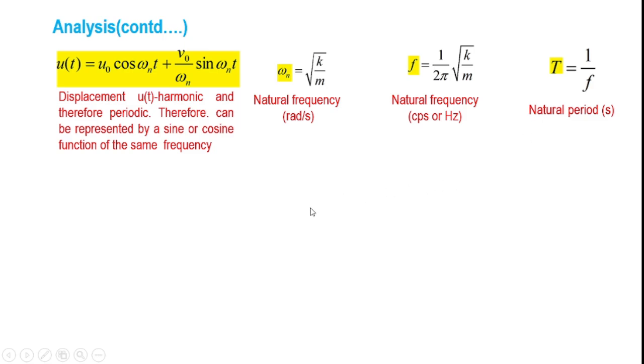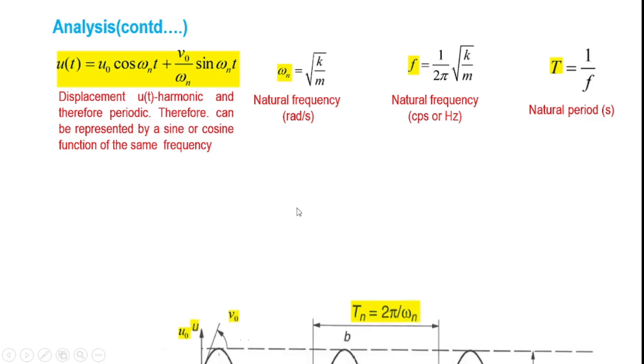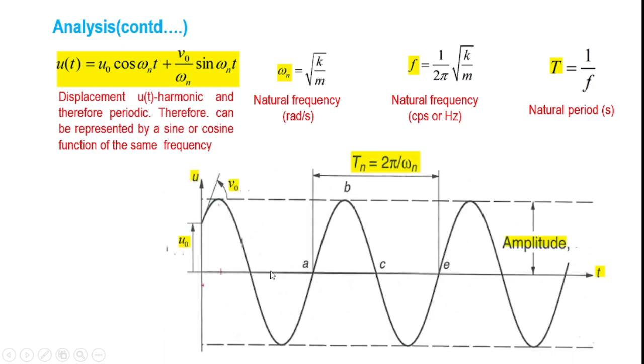Now let us graphically visualize this response. The response, as expected, is harmonic; again, it is a periodic motion. Along the x-axis we have the time t, and along the y-axis is the displacement, or the response of the system, measured from the equilibrium position.